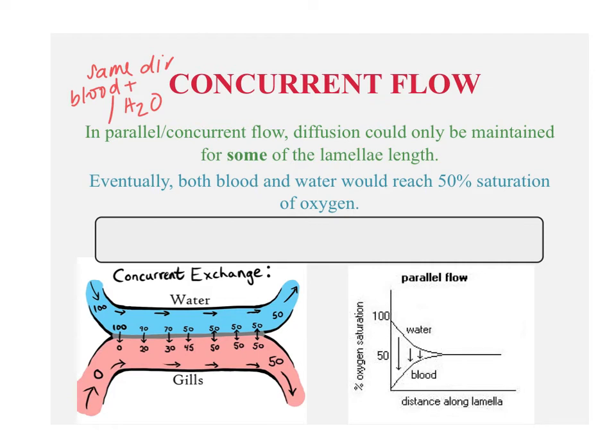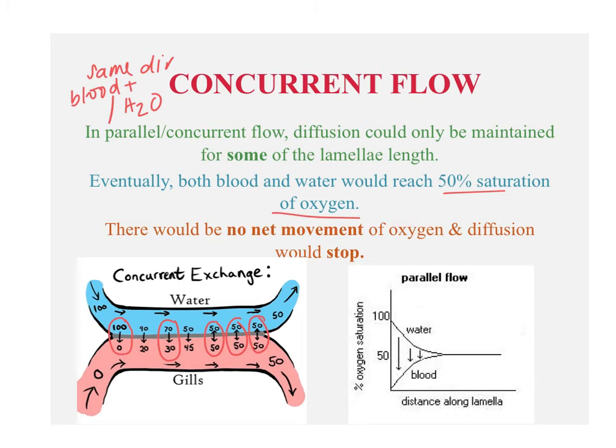Initially we've got lots of oxygen in the water transferring to the gills, but then a little bit further down, we've reduced the oxygen concentration in the water and increased it in the gills. Eventually we get to an equilibrium position with about 50% oxygen saturation in both the water and the gills. Now this isn't great. Actually, if you're a fish, it's not going to be very helpful.